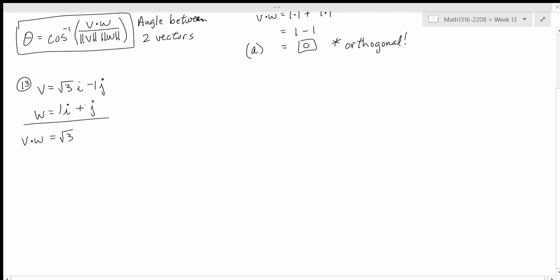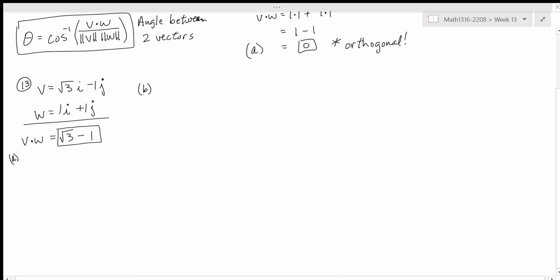And then negative 1 times 1. And that is the dot product exact. If they say give the exact answer, that's the exact answer for the dot product. Part A.